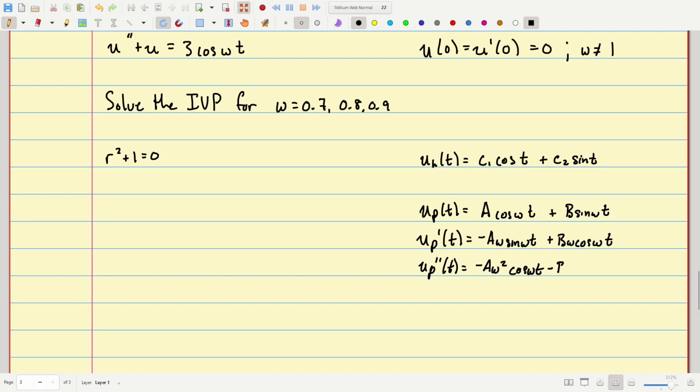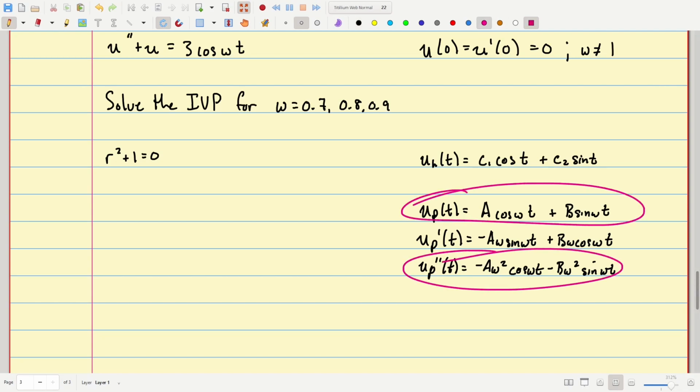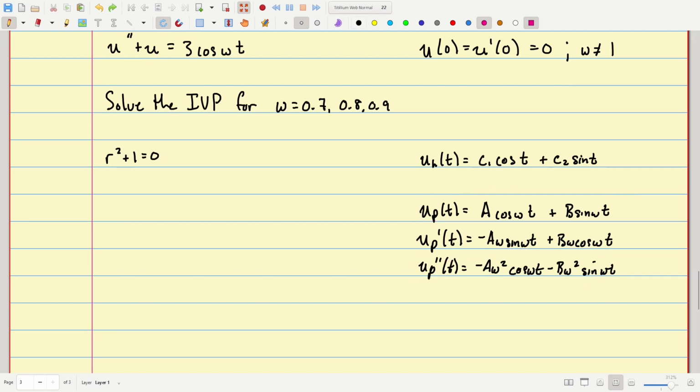So we compute our derivatives using the chain rule, end up with 1 and then 2 factors of omega. And then we take these, which are the only ones we need because of the differential equation, and plug them in.